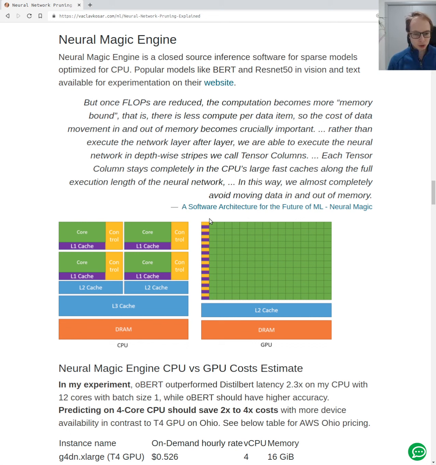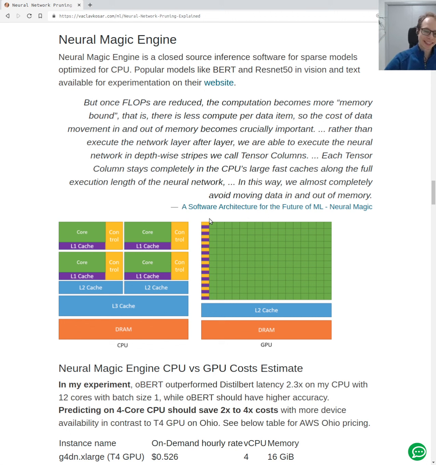So this pruning is actually more useful on CPUs because the CPU has a problem that it's not so fast to change what you will be calculating next. So ideally, if you can sparsify in such a way that you can produce these tangles, these tensor columns, which can stay in the CPU cache for a while, the CPUs can be calculating in parallel, then they can exchange information and calculate forward again.